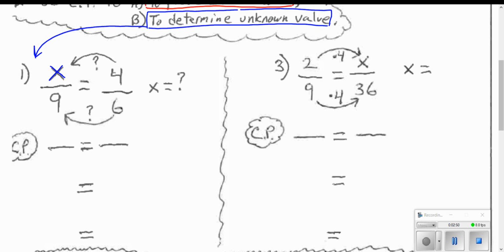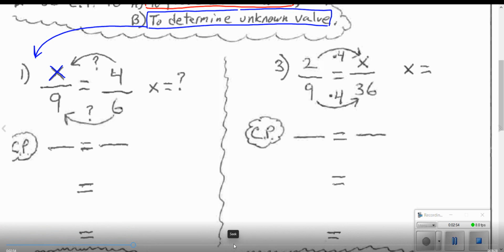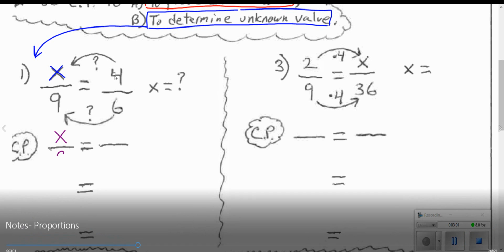Well, we could try and guess. See, it's hard to figure out what number to transfer over. It's hard to figure it out. So now we just use cross products.